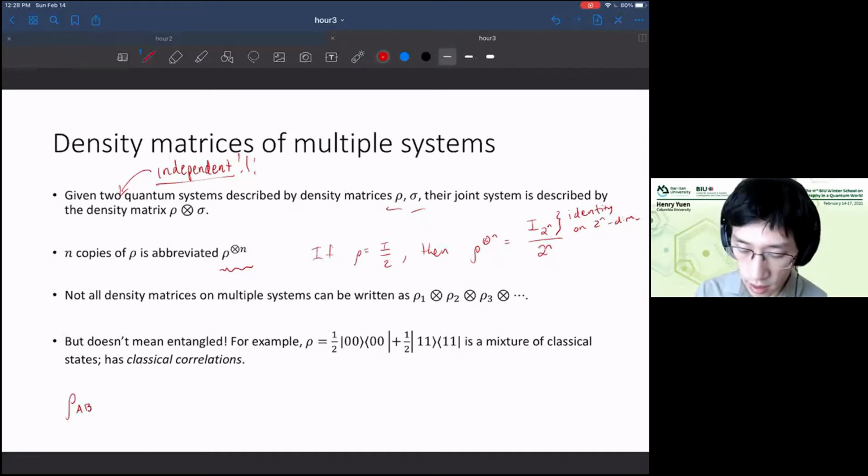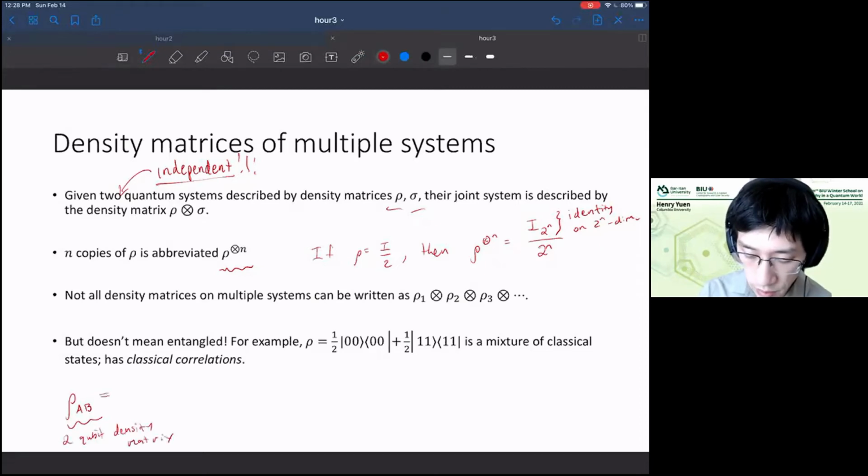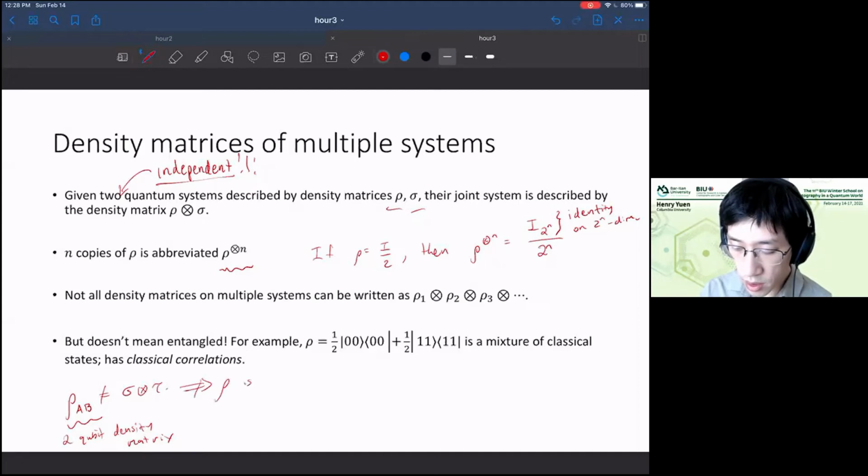This is a 2 qubit density matrix. Just because it can't be written as some sigma tensor tau, it doesn't mean that rho is entangled.